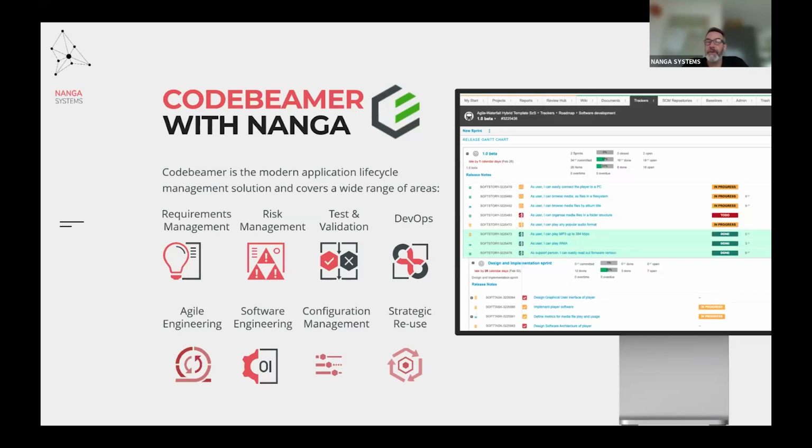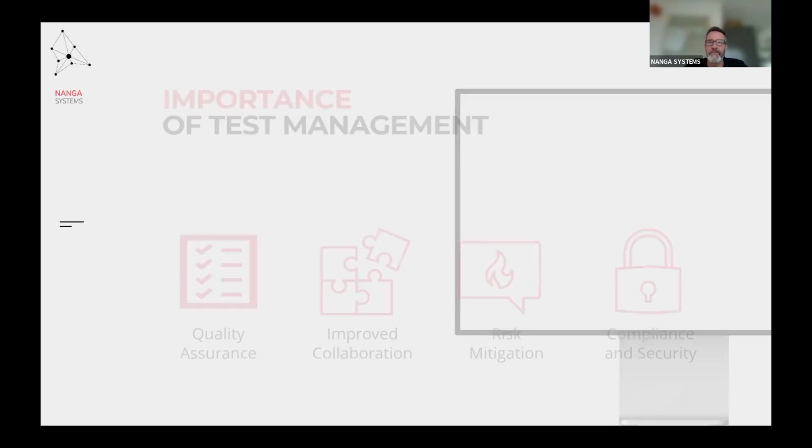And of course, configuration management and also strategic reuse of artifacts that you might use for different product lines, different products you have, and different customers. You can see the interface on the right. In today's webinar, Zafer is going to concentrate on the test management part and show us a few use cases. First of all, he will introduce it on a PowerPoint and then show it in the live demo. So having this said, Zafer, I pass on to you.